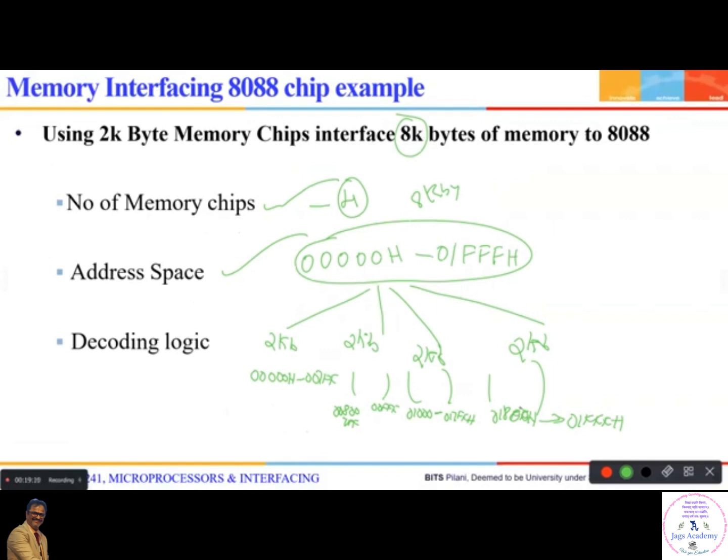What is the address space of the total 8 kilobyte memory? Since an 8 kilobyte memory chip is not available, you are using 4 2 KB memories. So each memory will have its own address space in the range 0000H to 01FFFH. Have you understood this? Next is going to be decoding logic. You have to get a decoding logic.